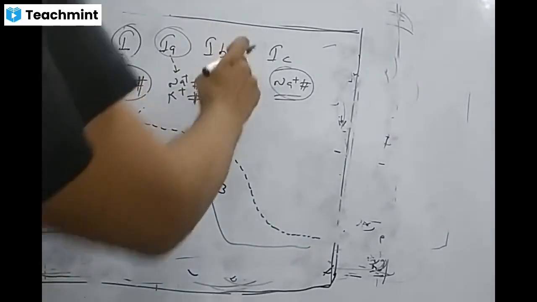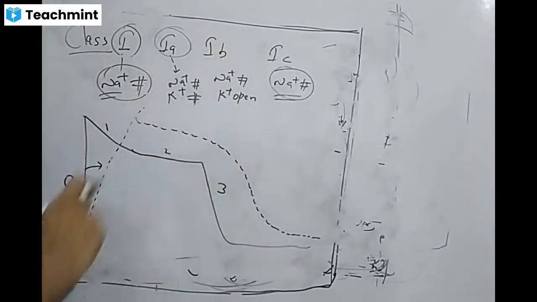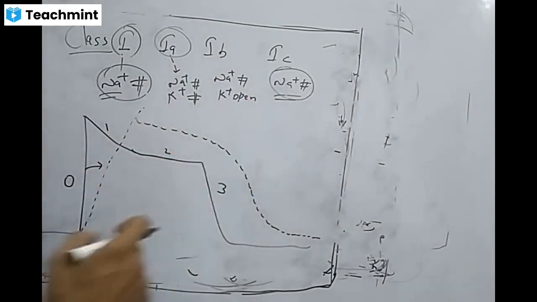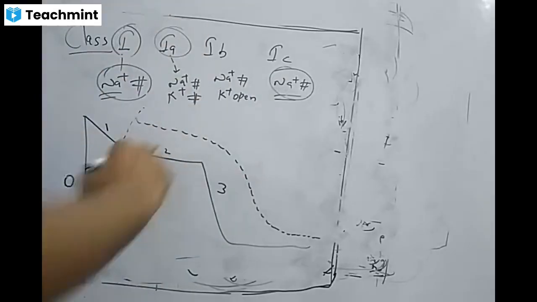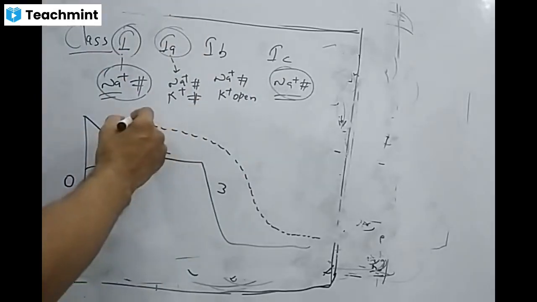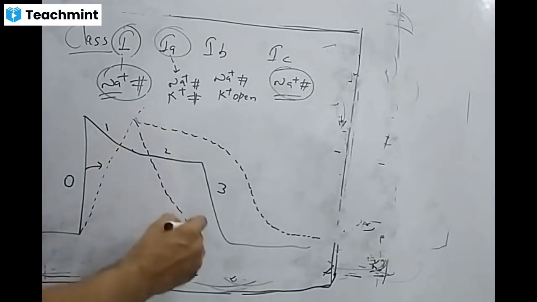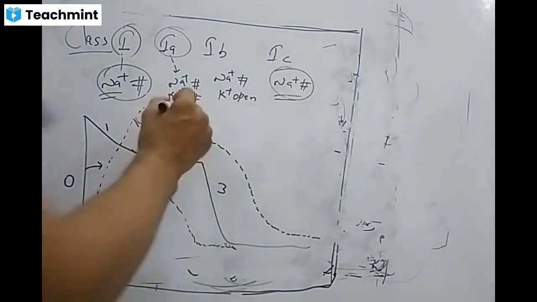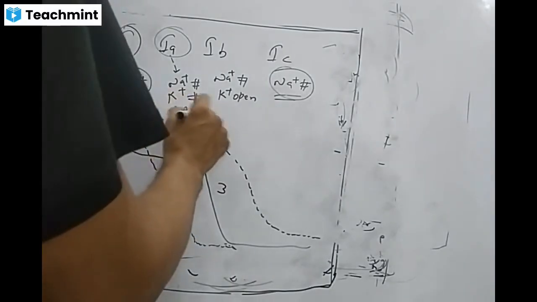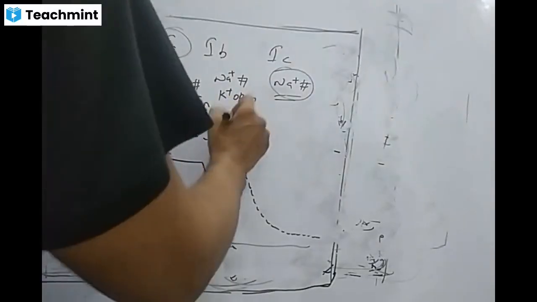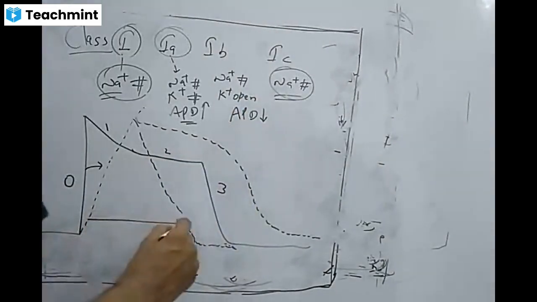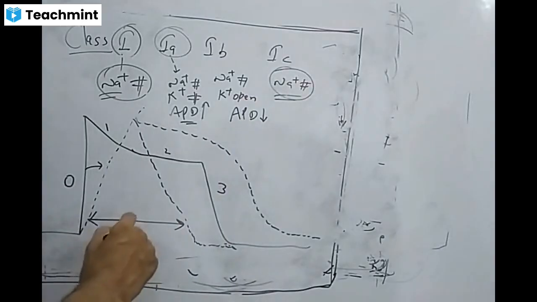Third is 1B, sodium blocker means this same line. Potassium opener: if we open the potassium channel, more potassium leaves and it will repolarize very early. So in this case, action potential duration was increasing, but in this case, action potential duration decreases.